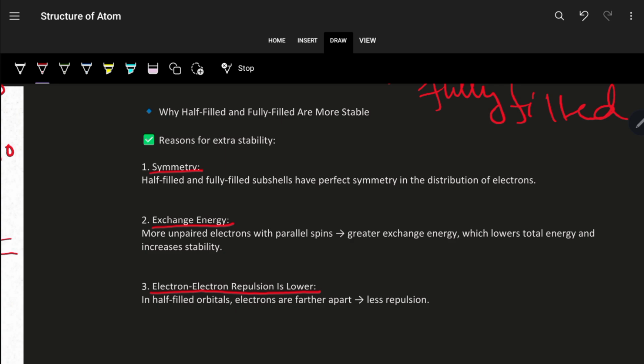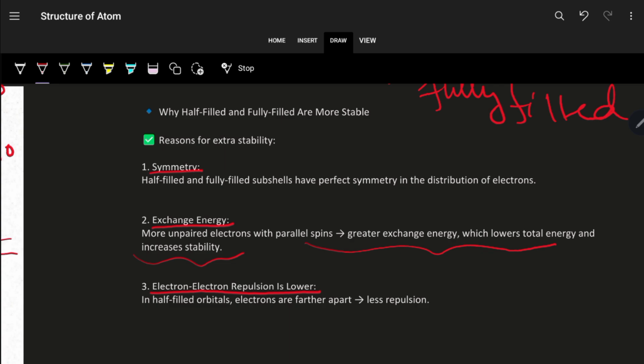Symmetry, when I talk about half-filled configuration, fully filled configuration, they are having an extra symmetry factor, and symmetry always gives stabilization. Exchange energy, more unpaired electron with parallel spin can undergo greater number of exchanges, and greater number of exchanges lowers the total energy of the system and increases the stability.